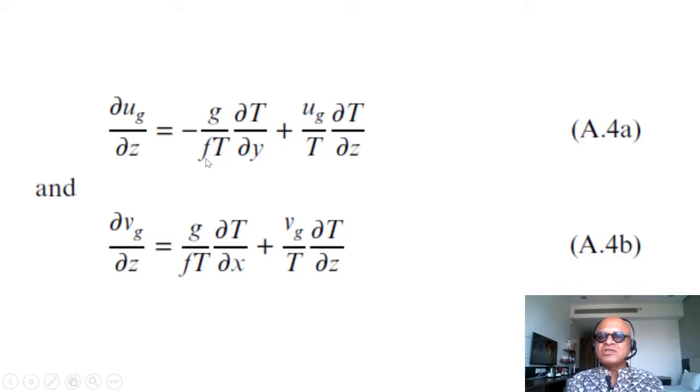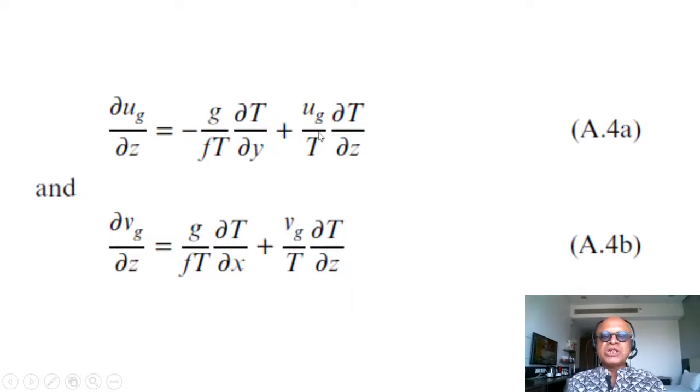That then becomes minus g over f T times dT/dy plus u_g over T dT/dz, where f is the Coriolis parameter at any given latitude. When I used the temperature plot, I said dT/dz is small compared to dT/dy. Plus u_g also is small, so this whole term can be dropped. dv_g/dz equals minus g over fT dT/dx plus v_g over T dT/dz.